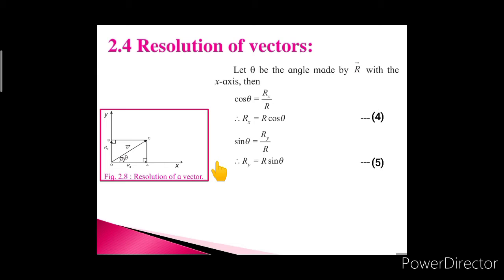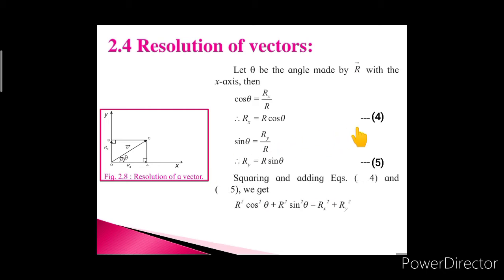Now in the next step we are supposed to square these two equations, number 4 and 5, and then add them. So first we take the square of equation number 4 and the square of equation number 5, and after squaring we add those equations.